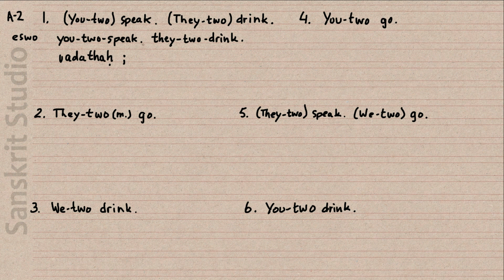So then we have the ta visarga ending. So pibati, drinking, but pibatah, like that. And then we just render it up in Devanagari: vada, and then we have a ta and visarga there.